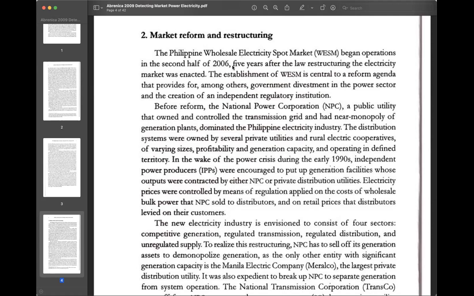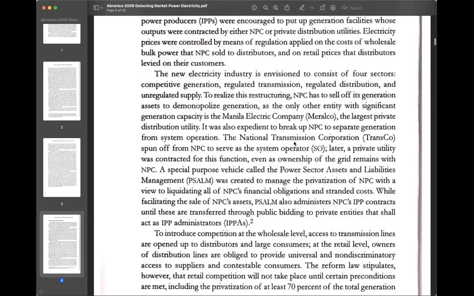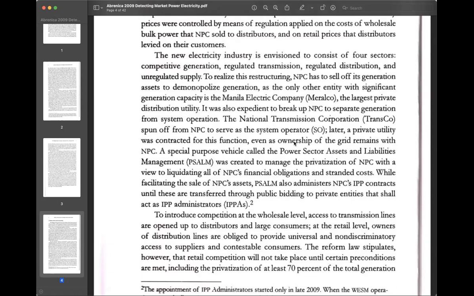So there was a restructuring in the electricity markets. It allowed the government to divest, that means to sell off assets in the power sector, and to create an independent regulatory institution. Before, you had NPC, the National Power Corporation, and it had to sell off its generating assets to demonopolize generation.